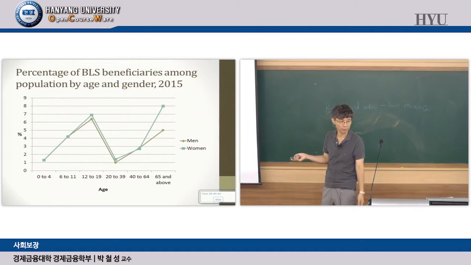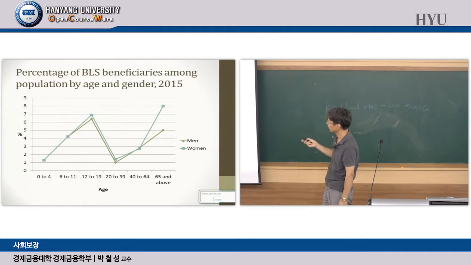It's 50% of median income. So the percentage of school children who get the education allowance has increased a lot. If you look at the old diagram, this number is not that big, but now it's much bigger.